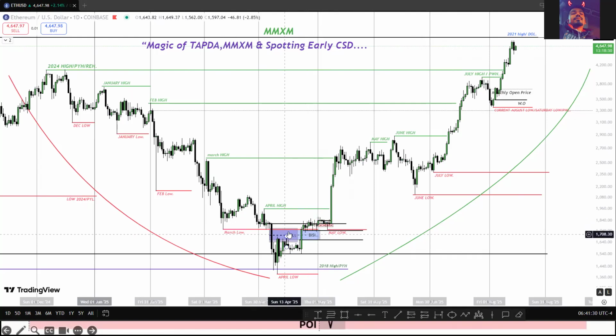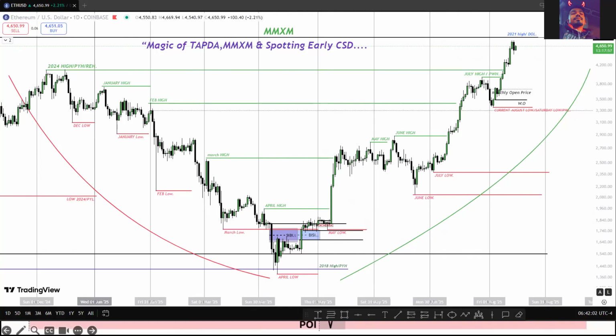Here we can see Zeussy's market structure shift pattern, a CB intermediate high, and breaking that with a BC. And we displaced above the previous cycle high. This is the second confirmation of our change in state of delivery.